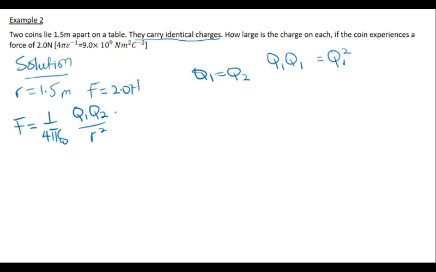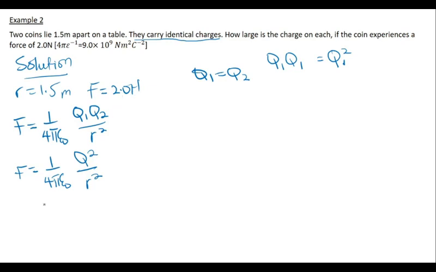So in place of q1 q2, we are going to have F is equal to 1 over 4 pi epsilon naught, q squared all over r squared.